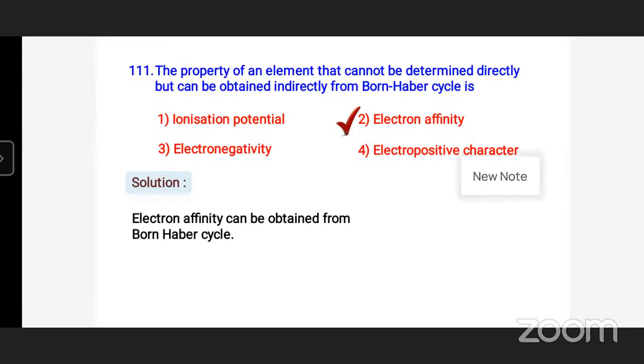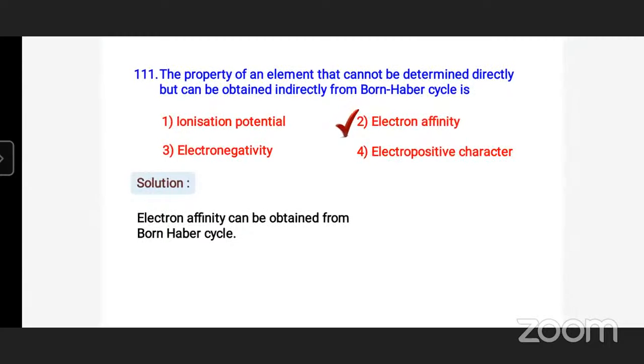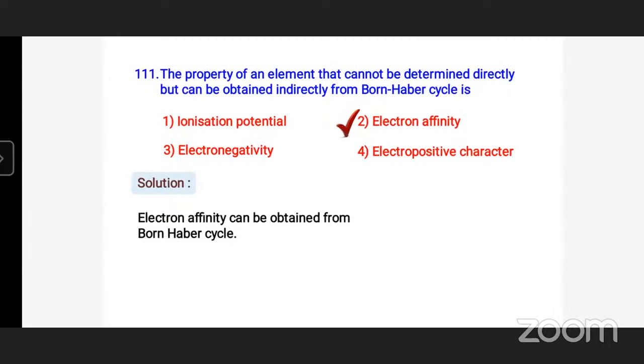Number four, electropositive character. Electron affinity can be obtained from the Born-Haber cycle, so electron affinity is the right option.